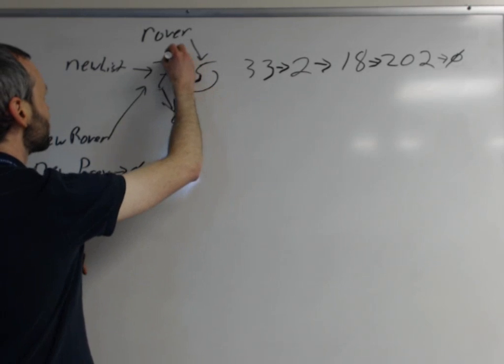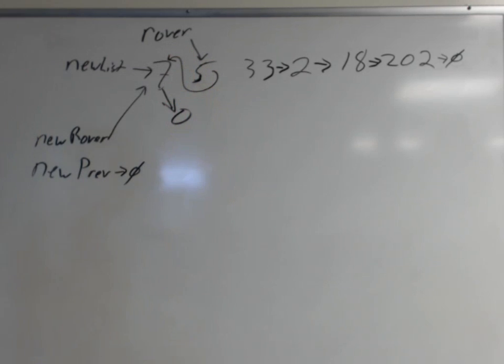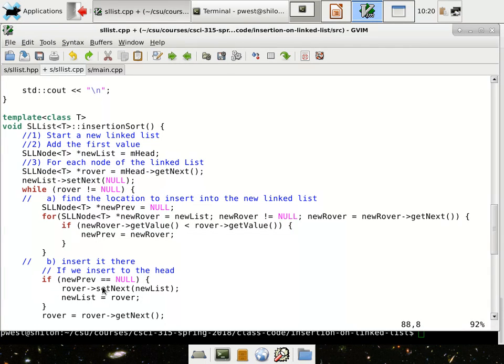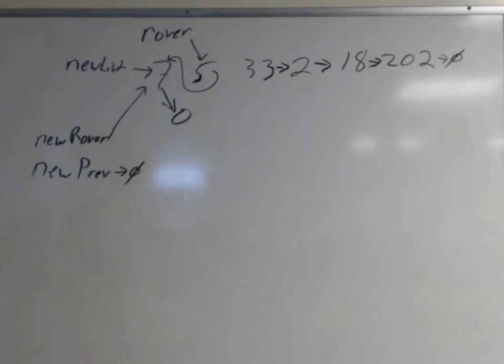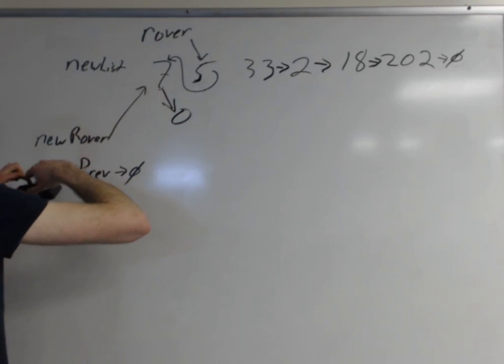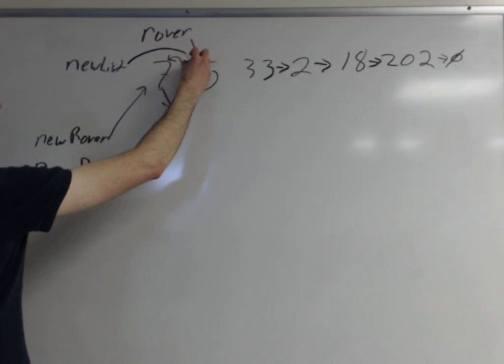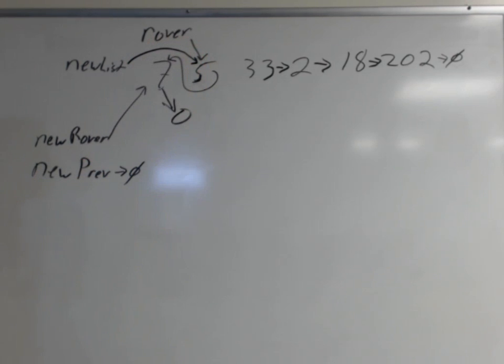So this 5 is now going to point to the 7. All right, that was this first line of code right here. And then new list is rover, meaning that new list is now going to point to the 5, right? So is new list sorted?